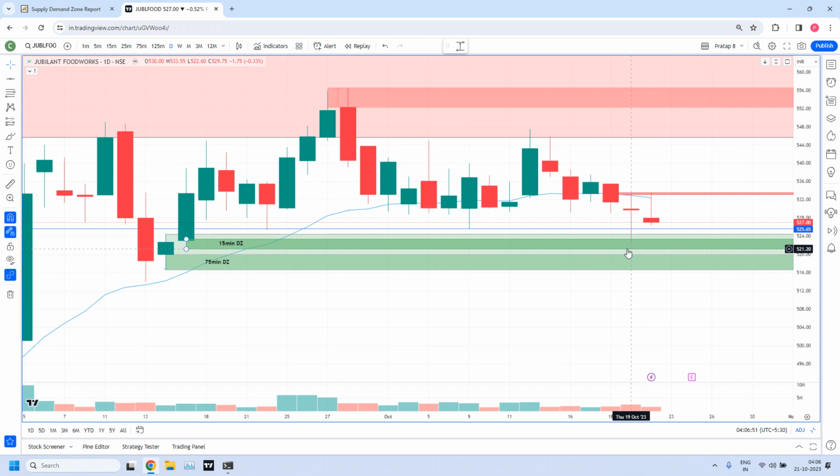So that's why I'm stressing this point. You should not understand this concept in a wrong way. This concept is helpful to you only if your risk management permits. Otherwise, don't take it.